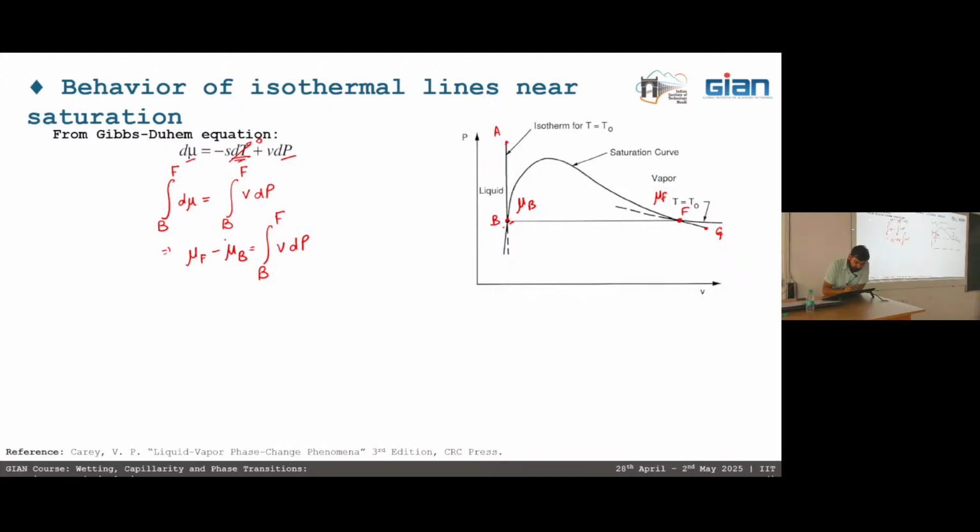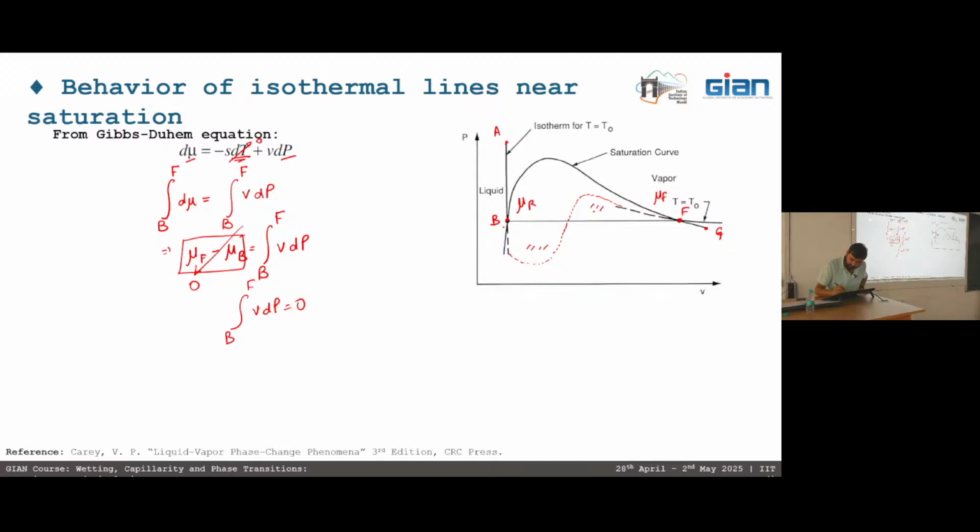So this whole term would vanish, and what we are left with is the integral of V dP from B to F equal to 0. What it means is that if we extend this curve, it must intersect this line BF, and the area lying on this side must be equal to the area lying on this side.